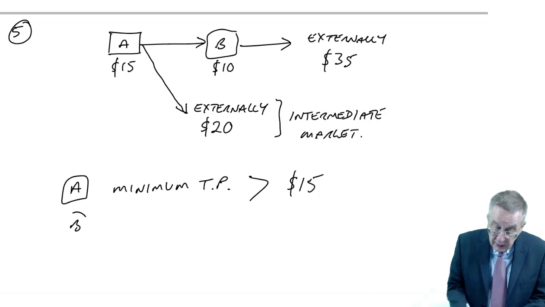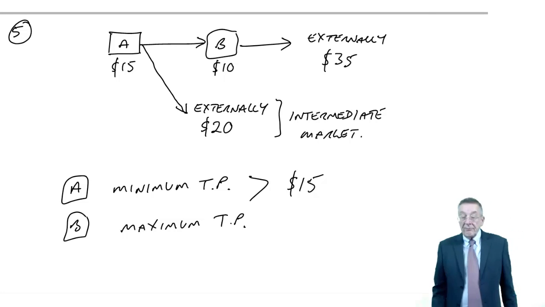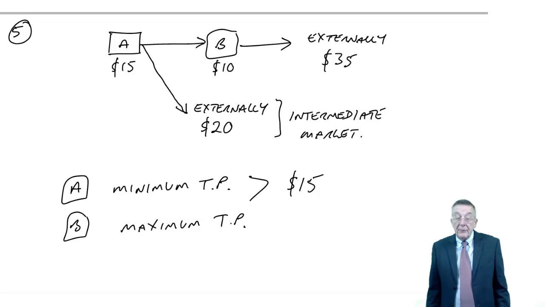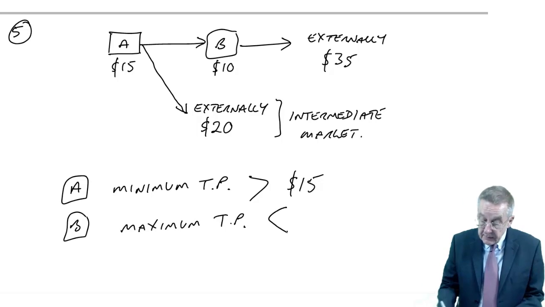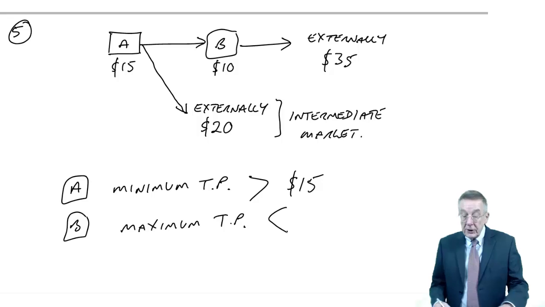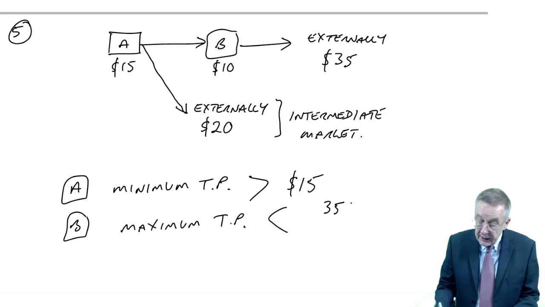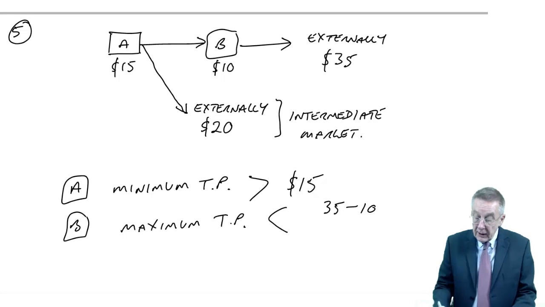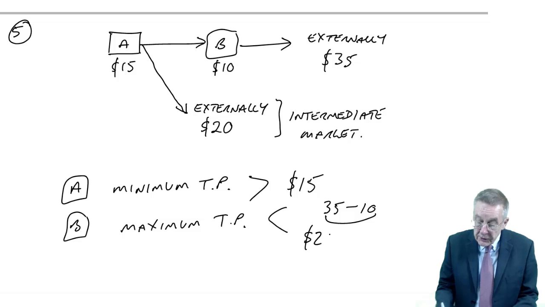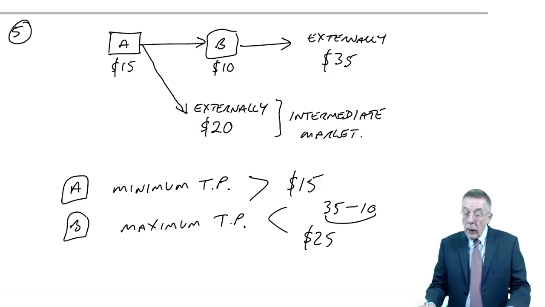What about B, who fixes the maximum price? Just as before, the most they'll be prepared to pay is this net marginal revenue. They're selling at 35, they've got their own costs of 10. The most they'll be prepared to pay is 25.